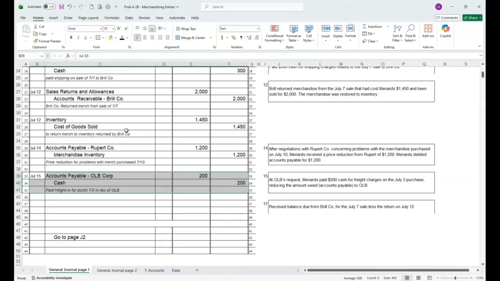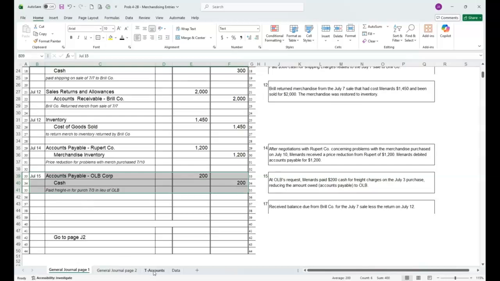So we're just going to debit accounts payable OLB Corp and credit cash. It doesn't go into our inventory. This doesn't reduce the inventory at all. They just said, okay, if you'll pay the freight, we'll call it even, and you pay the same thing that you were going to pay for your inventory less that $200.